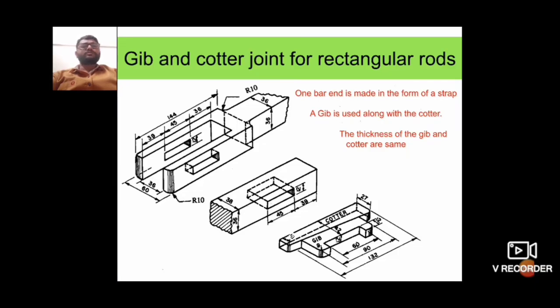The thickness of the jib and quarter are the same. This is another type of quarter joint that is used to connect two axial rods.